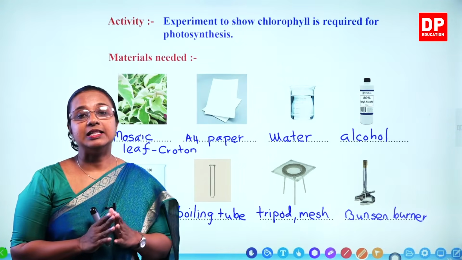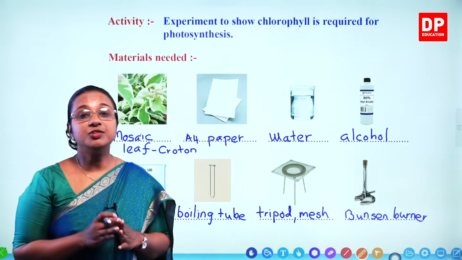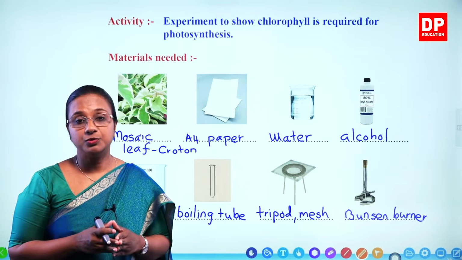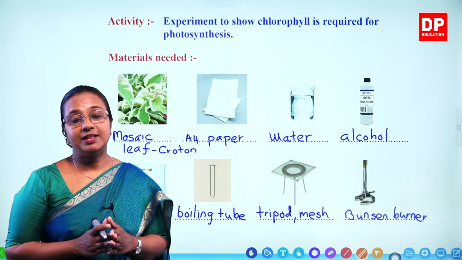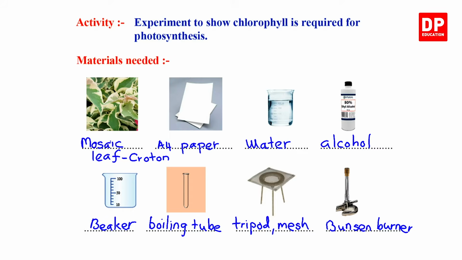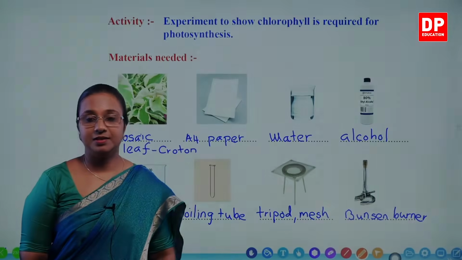Then you will get the transparent pale color leaf. Onto the leaf we add a few drops of iodine solution. Then you will get the observation. Okay students, so now that you know what we have to do, we will do this activity in the lab.